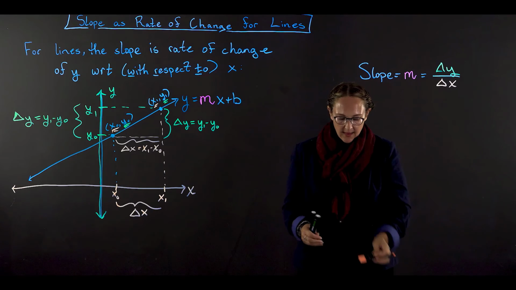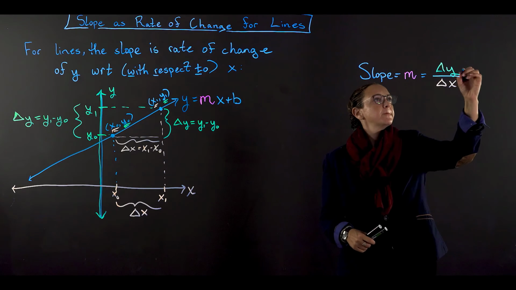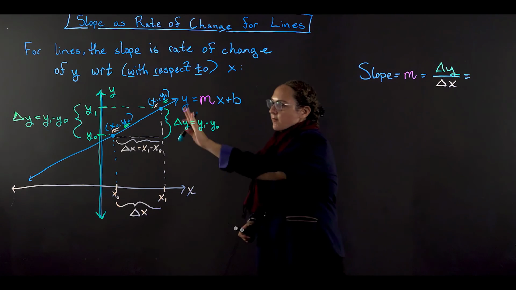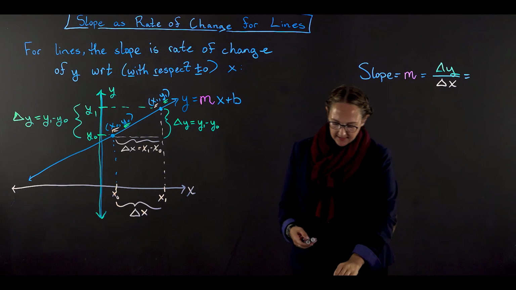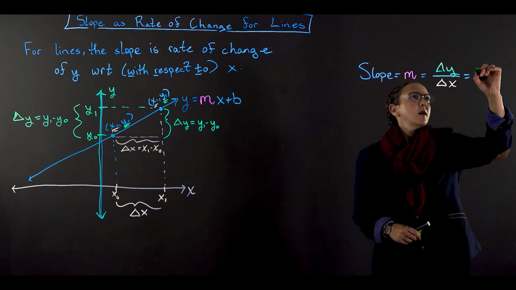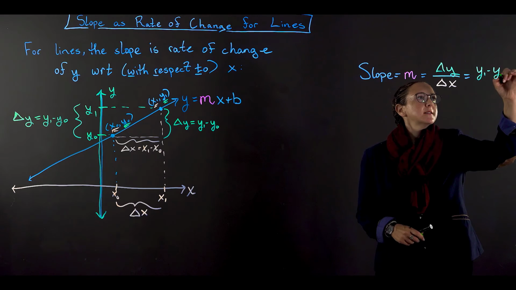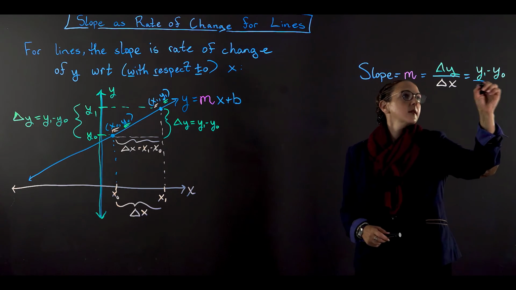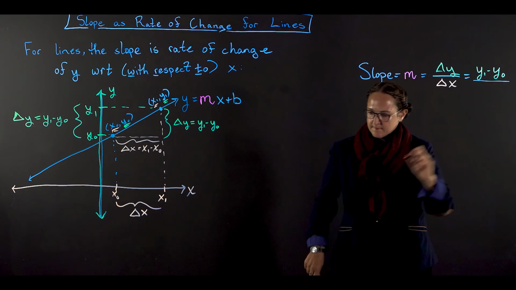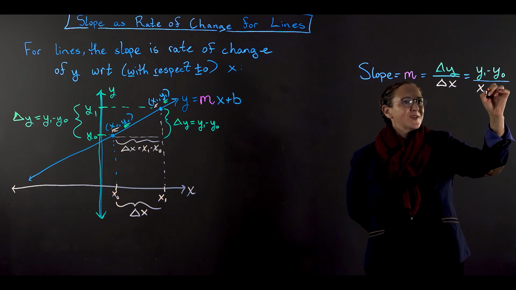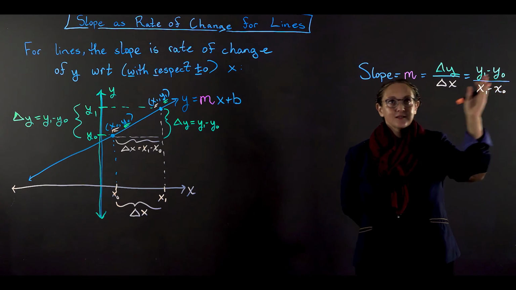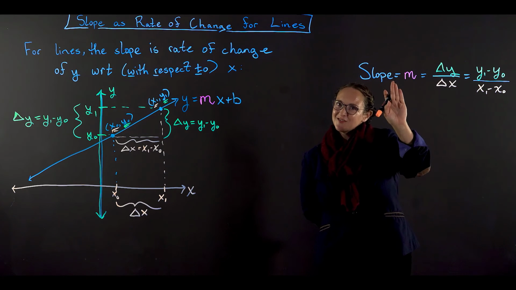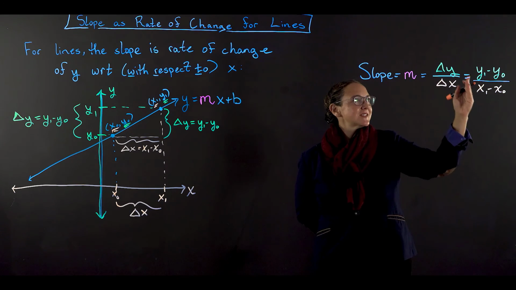And that's just equal to, from looking over here, y1 minus y0 divided by x1 minus x0.